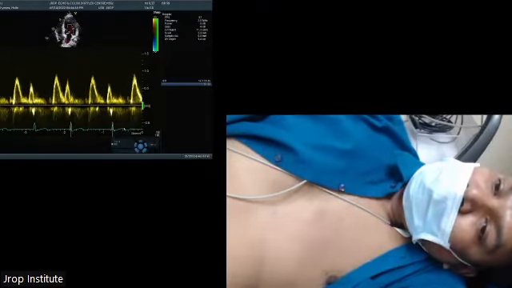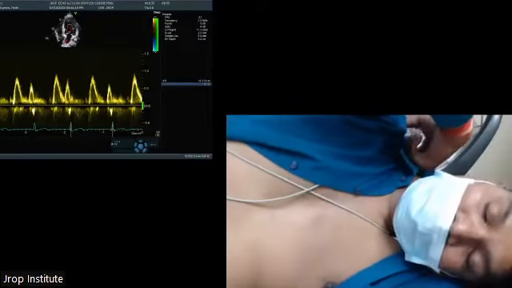Look at the bottom of the screen. It's written over here, 50 millimeters per second. Correct? And on a machine, you have a horizontal sweep speed. You can reset that sweep speed in any patient. And sir, why do we need to do that?